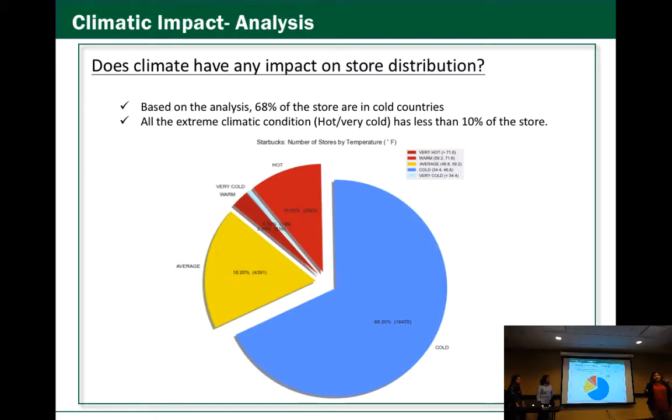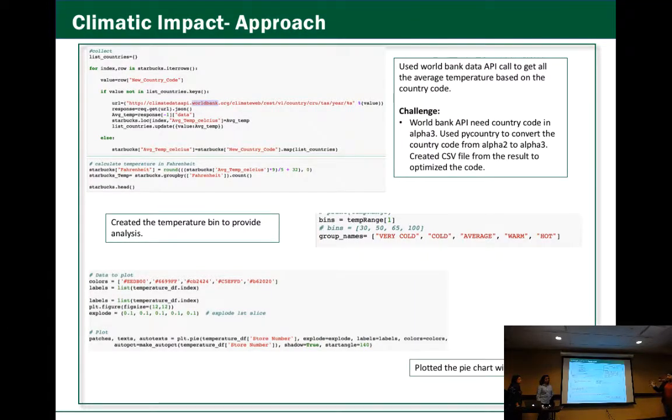They generally have a lesser number of stores there. I want to point out one thing: the World Bank API has this weird combination in which they only accept alpha 3, the 3-letter code for countries, and we had to convert alpha 2 to alpha 3 using pycountry. That was the highlight of this code.